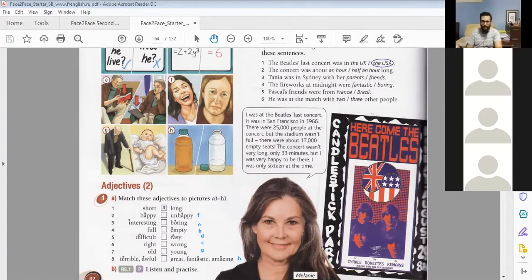So these are examples of adjectives. Now we are going to listen to the pronunciation, okay? And I'd like you to listen and repeat, please. So we will listen and repeat.